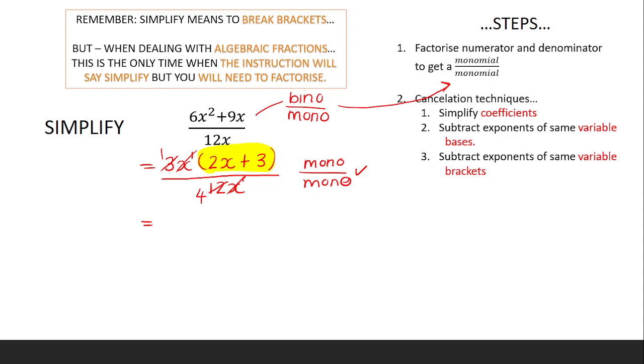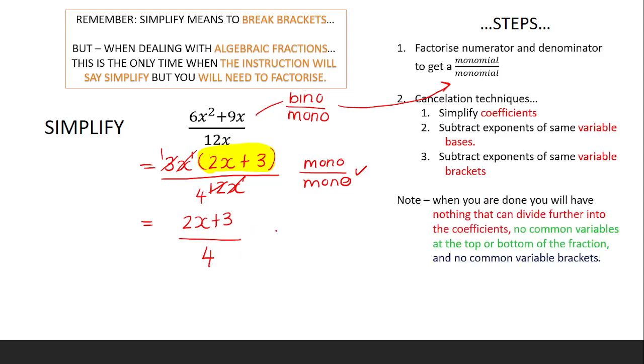There has to be a 2x plus 3 bracket in the denominator for me to cancel it straight. I'm not seeing any. So that means that we do not have a variable bracket that is exactly the same. So all we have on top is this 2x plus 3, and in the denominator we have this 4.